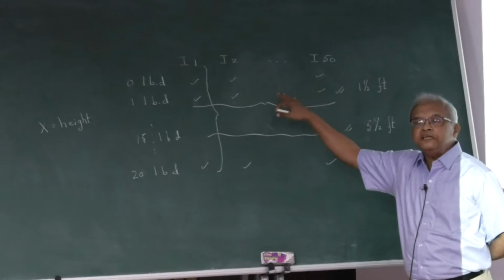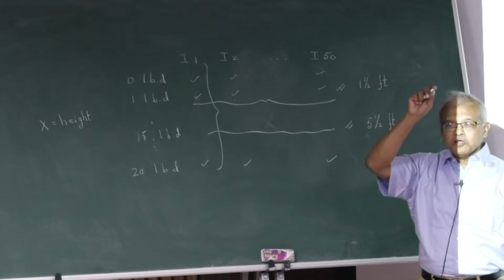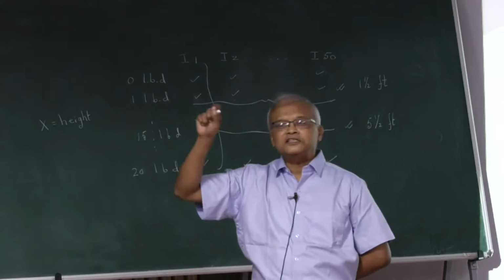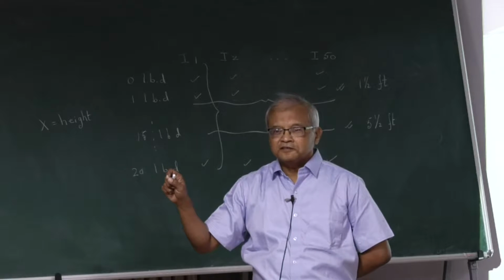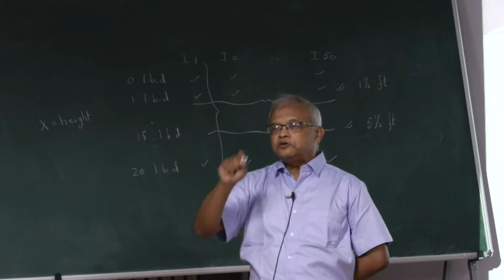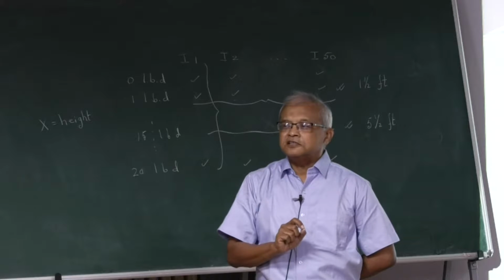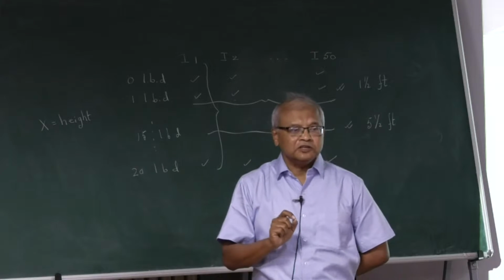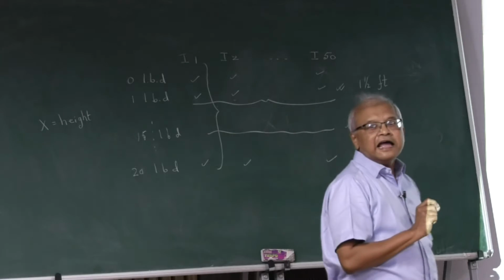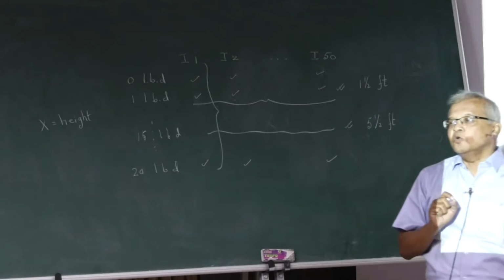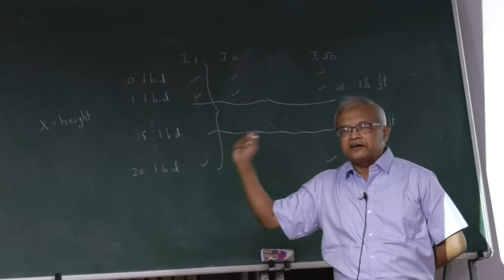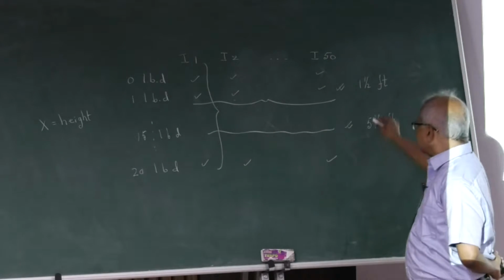So you have 50 independent observations. Obviously one individual's observation would not be related to another individual's height, okay. So you have 50 observations from a normal distribution with average height 1.5 feet and some variance, okay, that's fine.